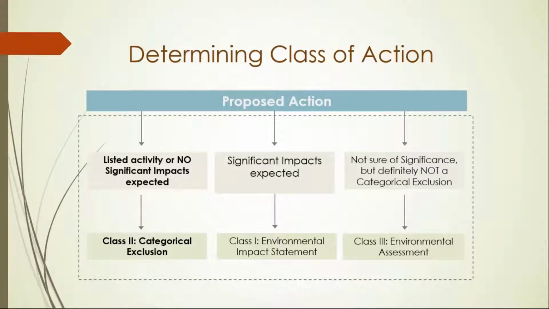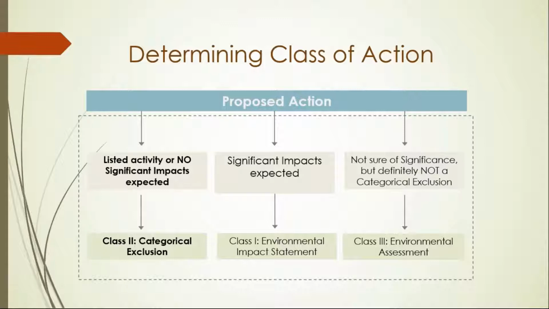The Type 1 categorical exclusions are listed in 23 CFR 771.117 C or D. Common Type 1 CEs that we use are C3, which is the construction of bicycle and pedestrian lanes, paths, and facilities, C7 for landscaping, C9 for emergency repairs, and the rest are listed in the CFR as well as in Part 1, Chapter 2 of the manual.